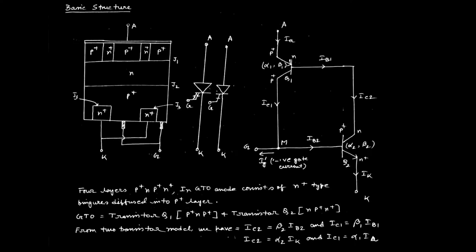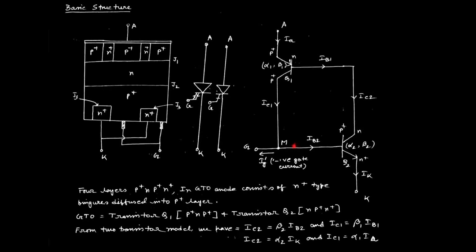So we can say from this diagram, IC1, minus IG dash as it is reverse biased, plus IB2, this current, gives 0. We are just applying KCL at the node M.